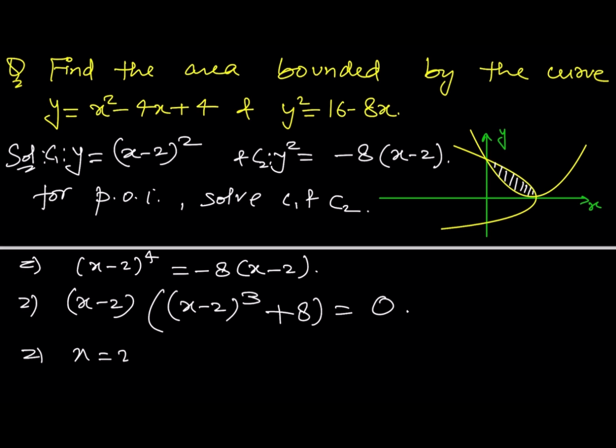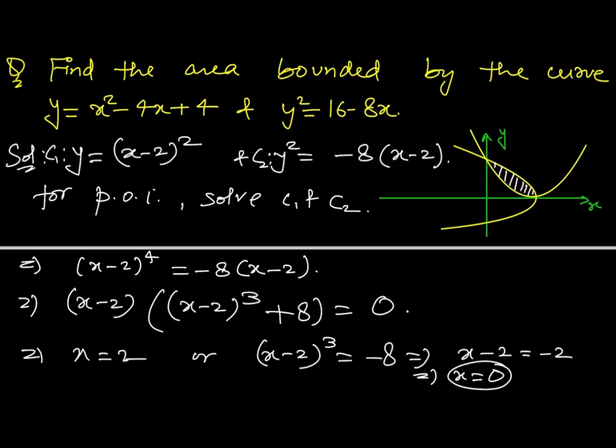So x is equal to 2, or (x minus 2) whole cube is equal to minus 8, which will give you x minus 2 is equal to minus 2. From this we will get x is equal to 0. So x is equal to 0 is this point. If I put x is equal to 0, then y will be 4, right? So the point is 0 comma 4, and this point is 2 comma 0, right?